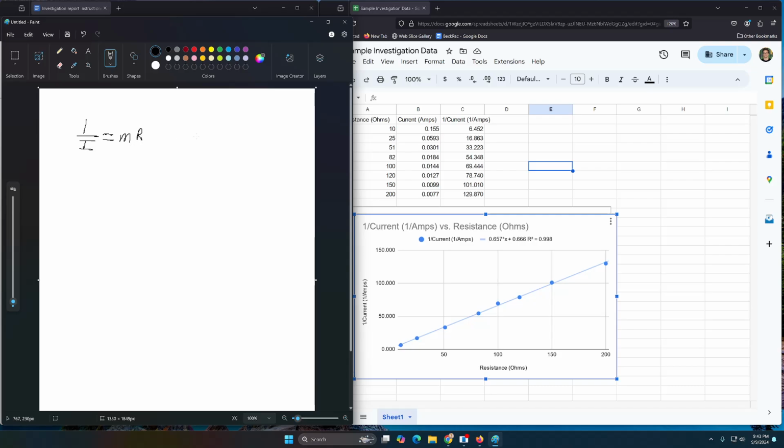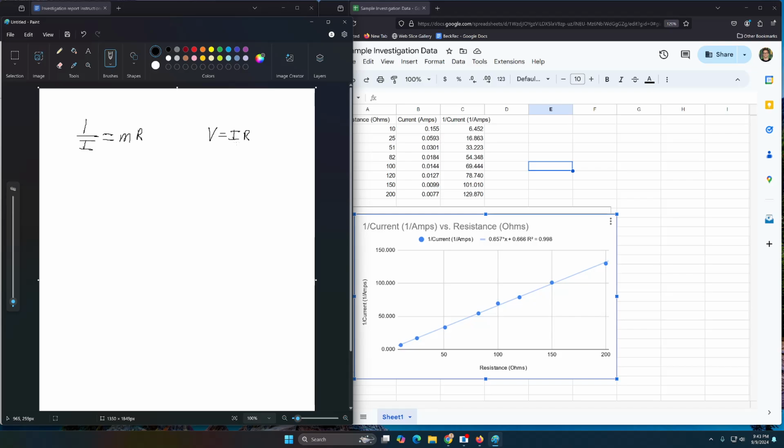And the actual equation that we should be representing these as, current and resistance, is V equals I times R. So let's see if we can rearrange this equation to look like this equation.